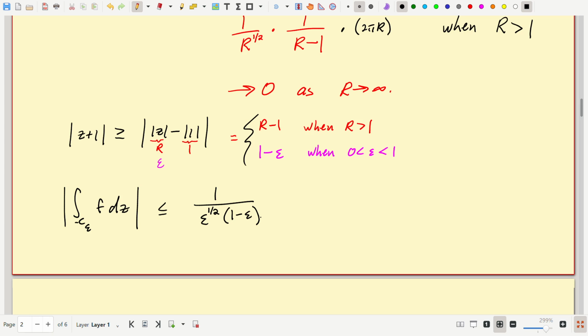And then I have the length of the curve. Well, the length is slightly less than 2 pi epsilon. So 2 pi epsilon is an upper bound. And now the thing happens that because of that epsilon in the numerator, and the 1 minus epsilon is tending to 1, in fact the whole thing is equal to 2 pi epsilon to the 1/2 when I cancel, and on the bottom I have 1 minus epsilon.